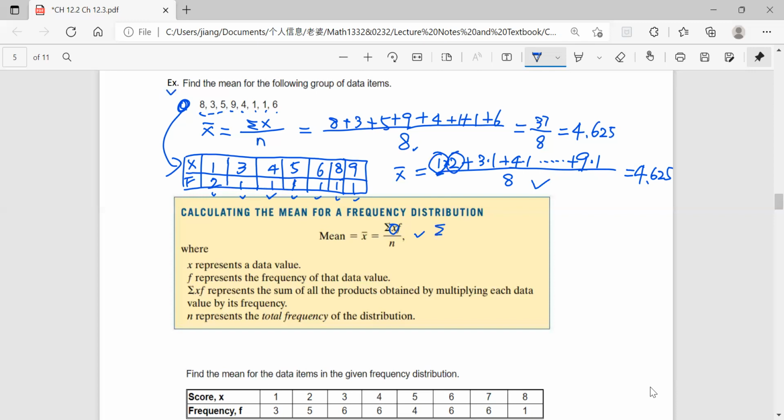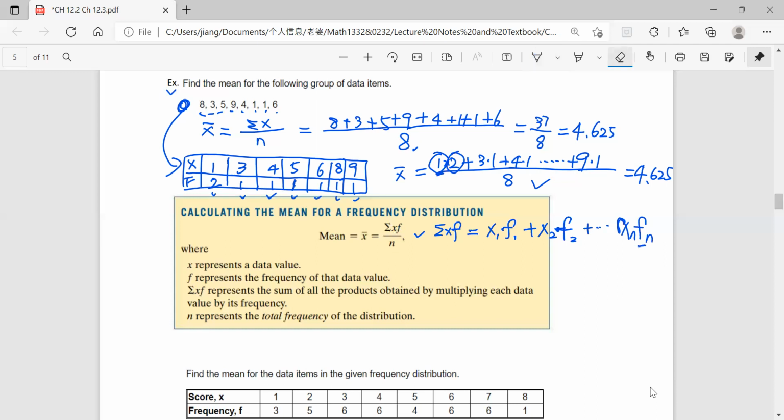So the summation of x times frequency equals the first data x sub 1 times the frequency of x sub 1, plus x sub 2 times the frequency of x sub 2, and so on up to x sub n times f sub n, the frequency of x sub n, and then divided by n, so we get the mean.